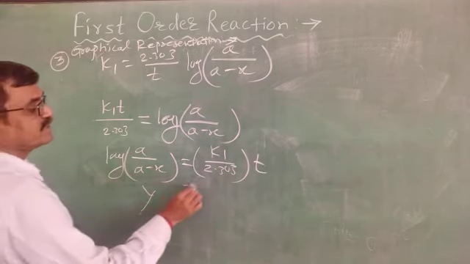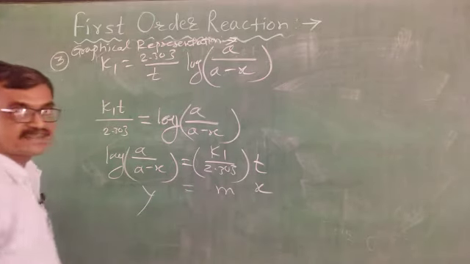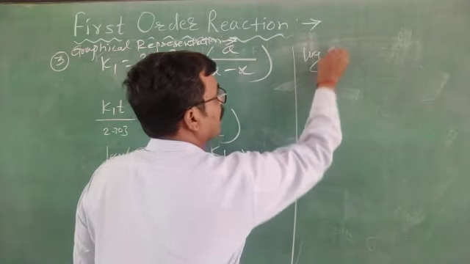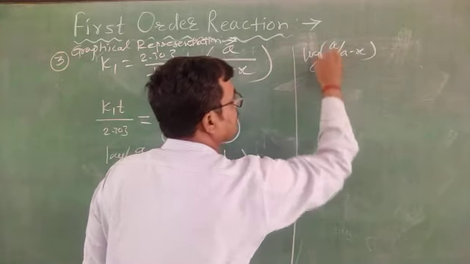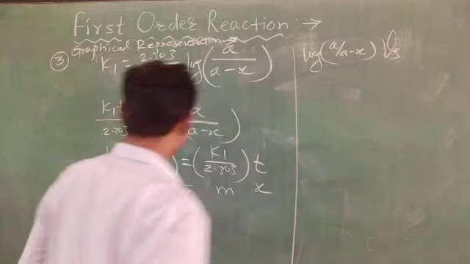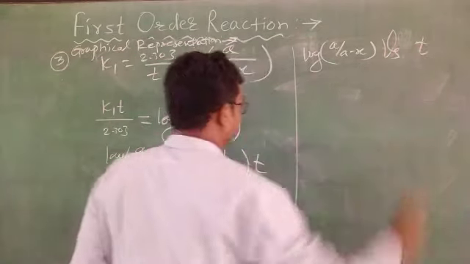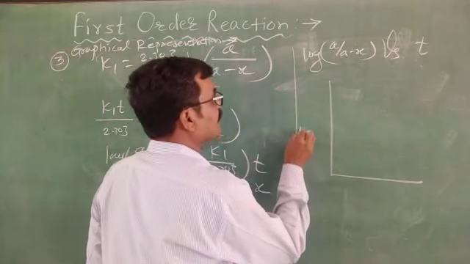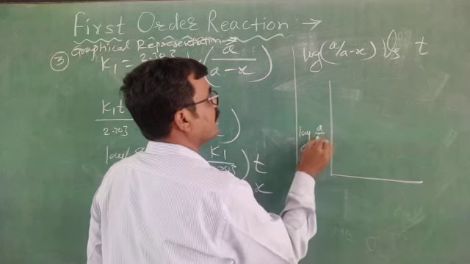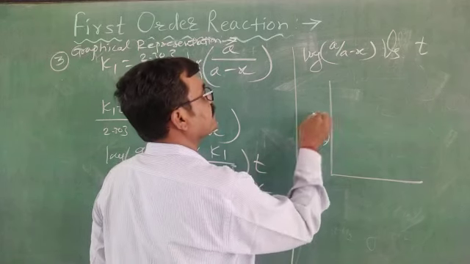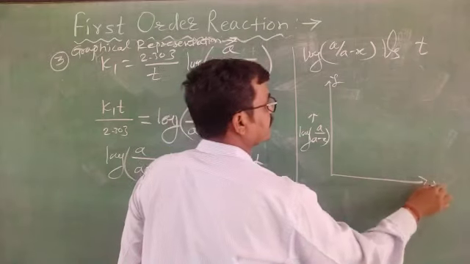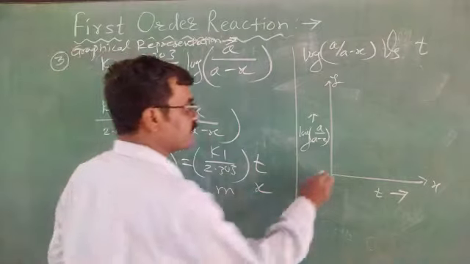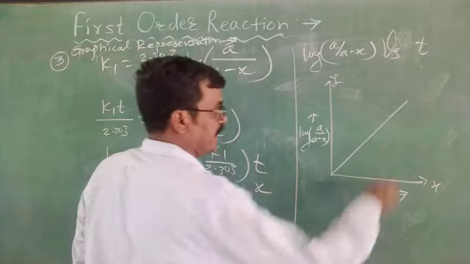Now this equation is y equals mx. If we plot a graph of log of A upon A minus X versus T, with log of A upon A minus X along the y axis and time in seconds along the x axis, the line will be a straight line passing through the origin.